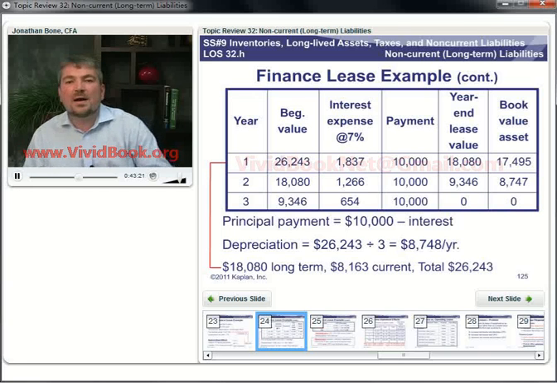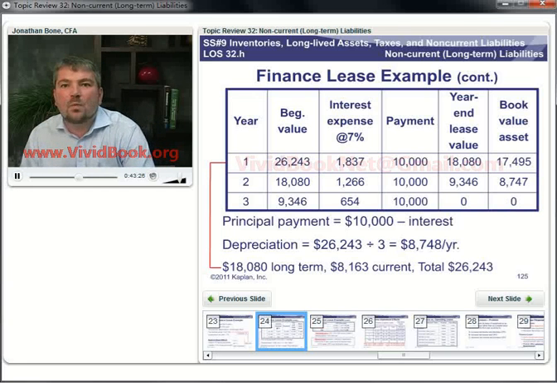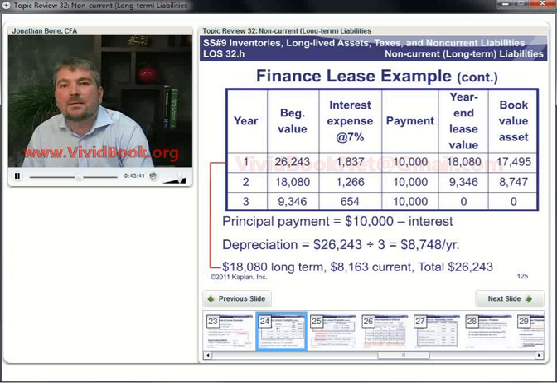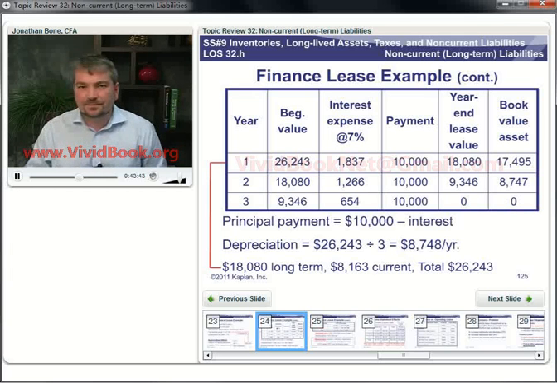And what we're going to argue is, of this payment, 1,837 relates to interest, so the balancing figure, essentially, 10,000 minus 1,837, 8,163 is paying off principal.